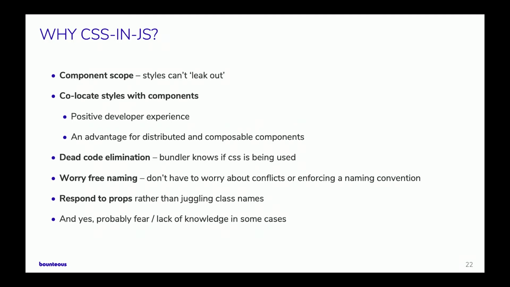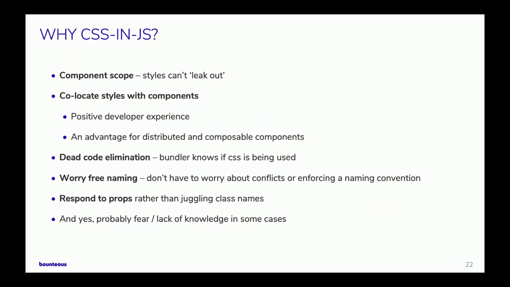It's also an advantage for components that are packaged and distributed, so things that you want to distribute on NPM, for example, knowing that you're going to have all the stuff you need right there for that component to render. Also, because all of your styles are in JavaScript and you're likely using some sort of bundler to package it up together, there can be some dead code elimination.